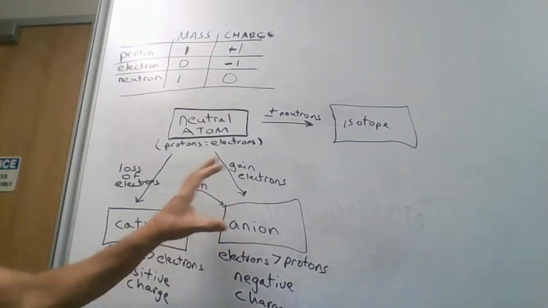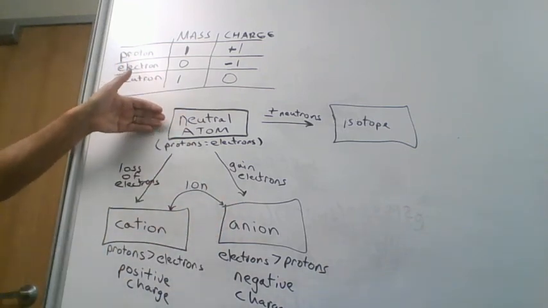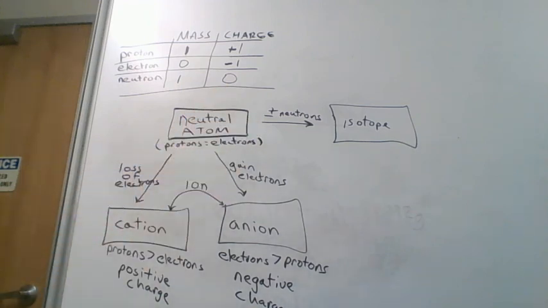All of these things are possible with a neutral atom. We can either add neutrons or subtract neutrons to make isotopes. We can add or lose electrons to make ions. The ions can be positively charged or negatively charged. The one thing that we cannot do with an atom is change the number of protons, or then it becomes a different element.